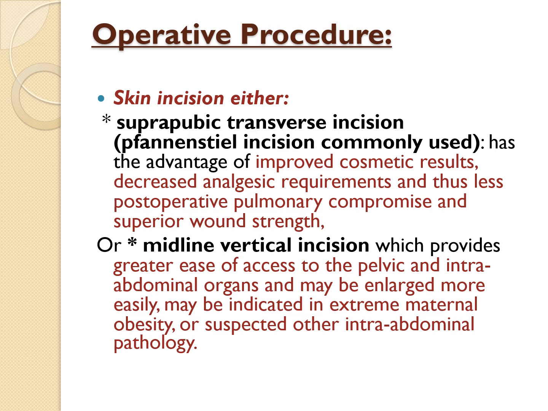The other type is midline vertical incision, which provides greater ease of access to the pelvic or intra-abdominal organs and may be enlarged more easily, may be indicated in extreme maternal obesity or suspected other intra-abdominal pathology.